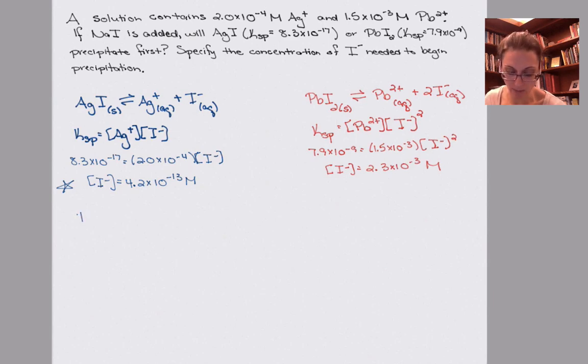So this is going to precipitate first, and the concentration of iodide necessary to do so is 4.2 times 10 to the negative 13th molar. You'll have to add a lot more iodide before you start precipitating the lead iodide.